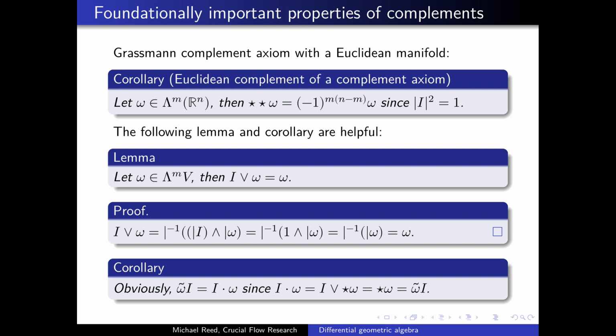And by the lemma that we just observed, we know that this is just equal to the Hodge complement of omega itself, and therefore it equals the reverse of omega times I, the pseudoscalar, and the corollary follows. So it's just kind of an interesting, obvious thing.